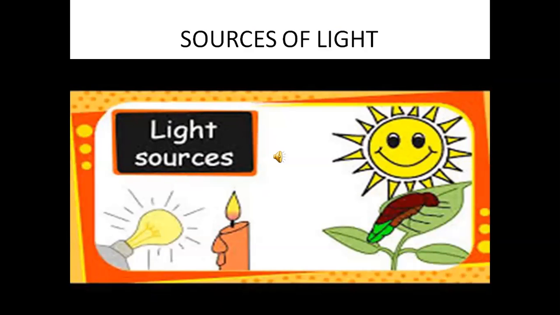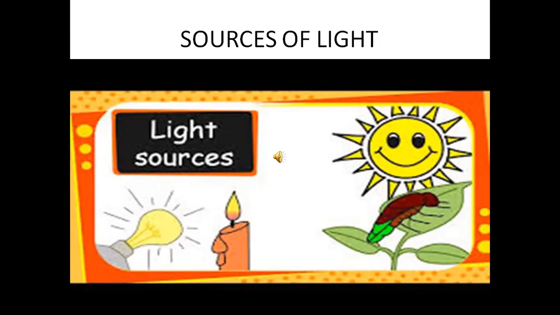There are two types of sources of light: natural sources of light and artificial sources of light. Light sources like the sun are natural sources of light, and artificial sources of light are the candle and bulb. These are examples of sources of light.